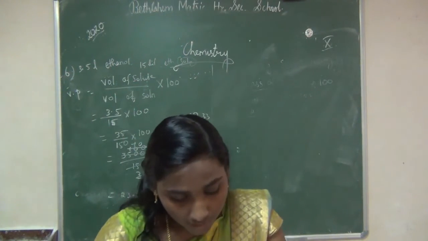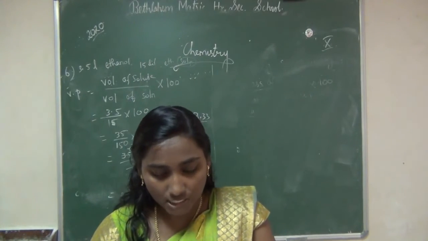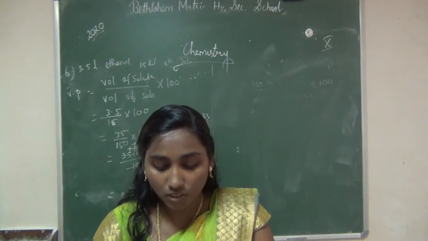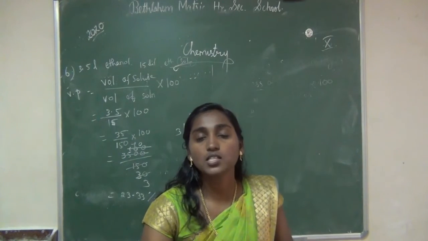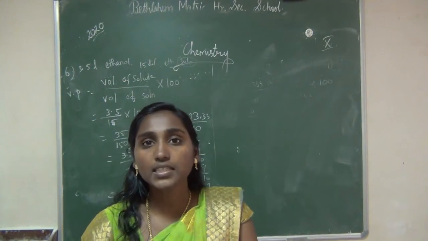Once again I am reading: 50 gram of sugar in 250 ml of hot water will dissolve faster as the solubility of a solid solute in liquid solvent increases with increase in temperature.